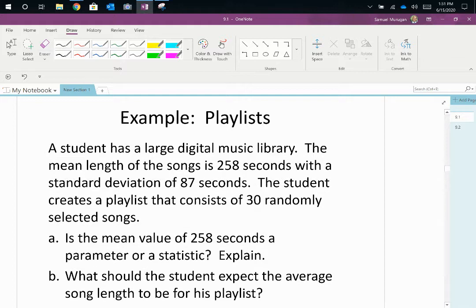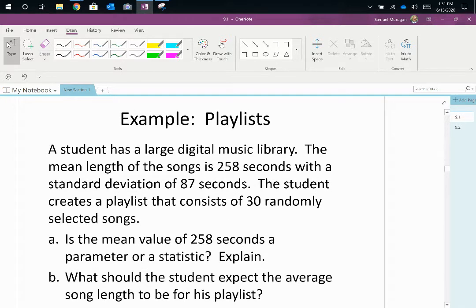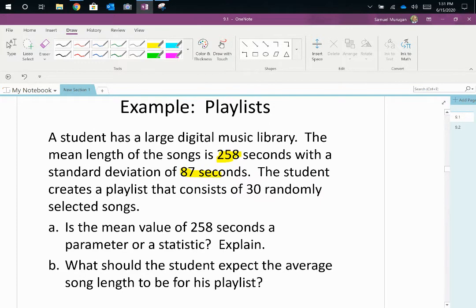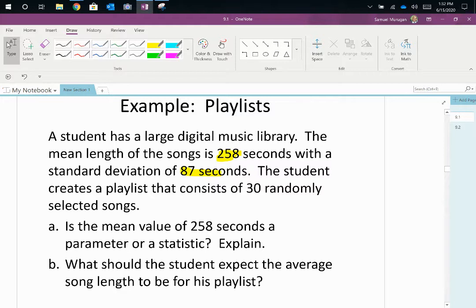All right, now here's an example. A student has a large digital music library. The mean length of the songs is 258 seconds with a standard deviation of 87 seconds. That's the whole population. The student creates a playlist that consists of 30 randomly selected songs.